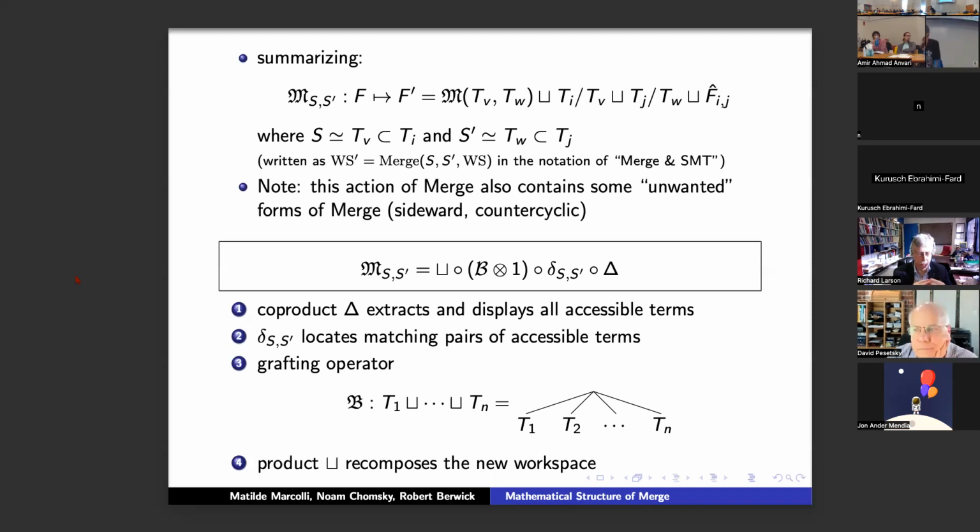Question. Yes. Just in the definition of the grafting operator, the T1, T2, Tn arguments there, those are the structures you get from putting together the matching pairs of accessible terms? Yeah, so remember when I talked about how you do the coproduct, right? If I take the coproduct of the tree, I'm going to end up with some forest of whatever I cut, right?